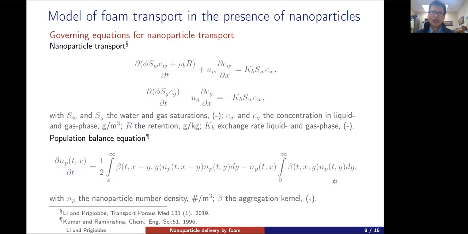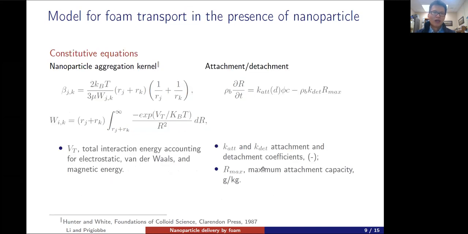So then it goes to the beta function. It is actually the aggregation kernel, which depends on the interaction force between particles, like van der Waals force, electrostatic force, and the magnetic force. After getting the size of aggregate nanoparticles, it could be used to calculate the attachment and detachment coefficient.